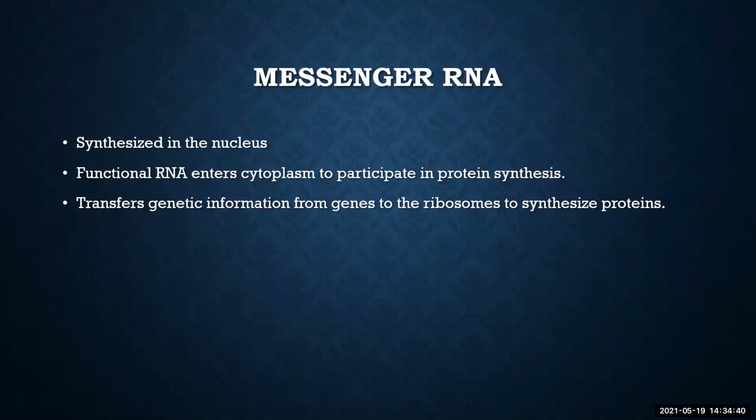Now, like the WhatsApp messenger that we use, it only carries the message. Okay, so you type a message, it goes to the receiver. Similarly, mRNA does the same thing. It carries the message, carries the information from the gene, from the nucleus into the ribosomes. To the second party, the receiver, where the proteins will be synthesized.